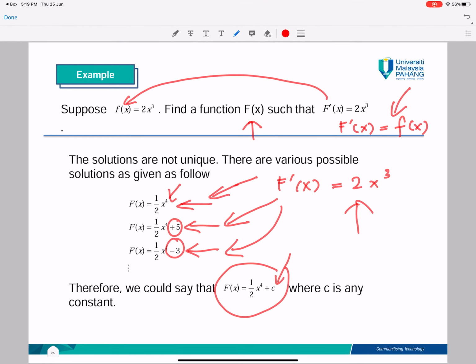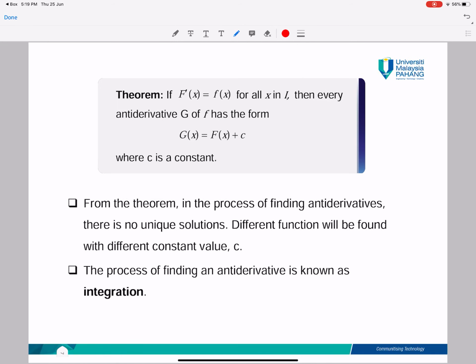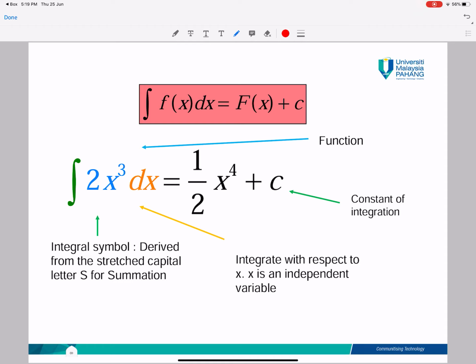This c, usually we write it in capital case, but it doesn't matter, it's just a symbol. So this is an example where we write the result of the integration.